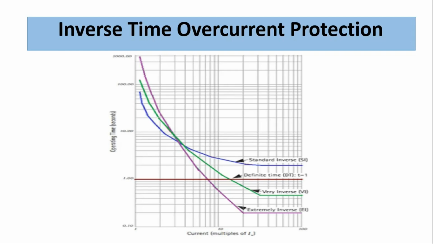So, summarizing, inverse time overcurrent protection provides good coordination between protection devices and is used to protect a range of devices from small appliances to large generators.